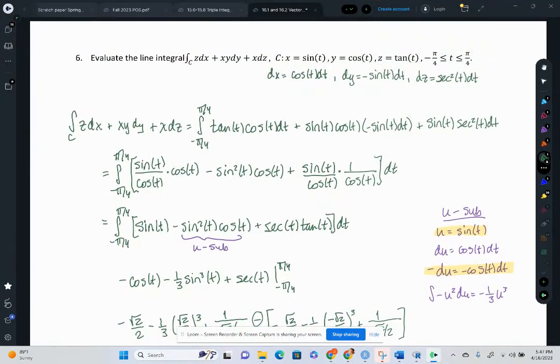And that's kind of interesting because we talk about a line integral giving us the value of the area on one side of a curtain, and this isn't giving us area because we got a negative answer. So that should lead you to believe that area is just one application of a line integral.